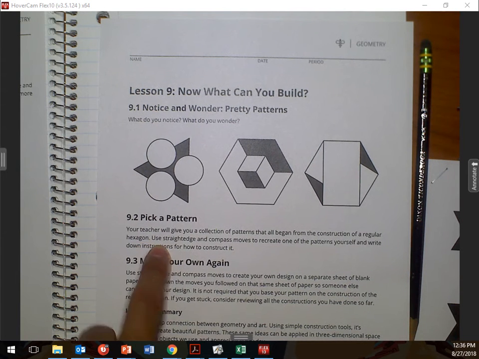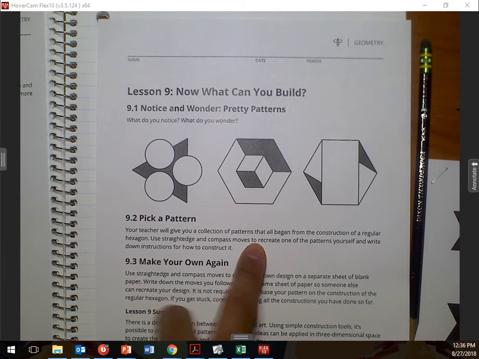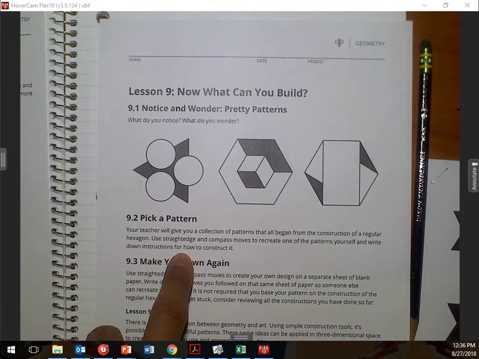Your straight edge and compass moves will create one of the patterns yourself, and you write down instructions how to construct it. If you remember a couple days ago, I gave you step-by-step instructions on how to create that hexagon. You would find that in your notes, and you're going to have to flip back to find it. With you and your partner together, you guys are going to pick one and start doing the moves.